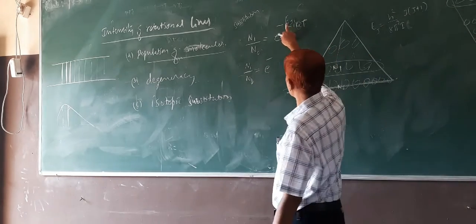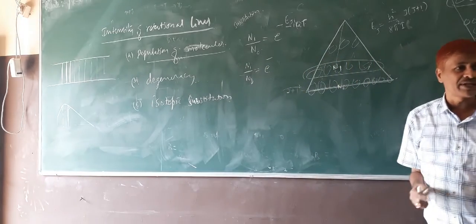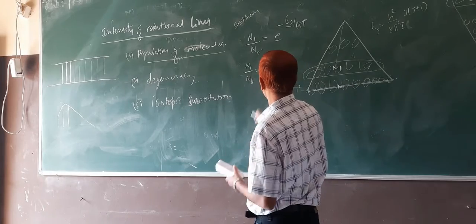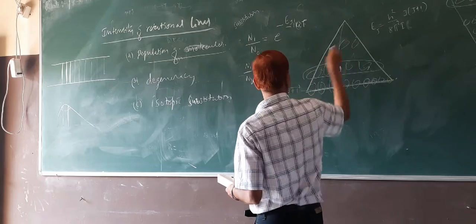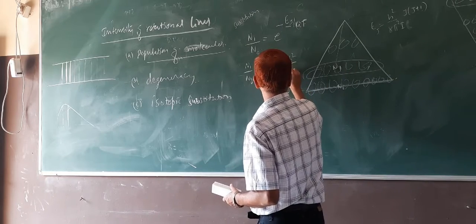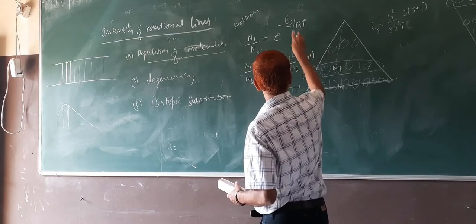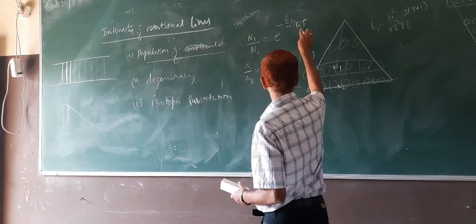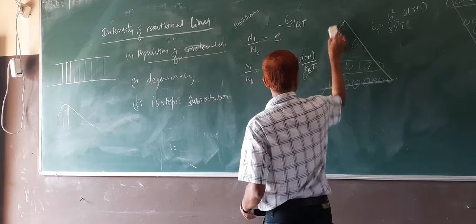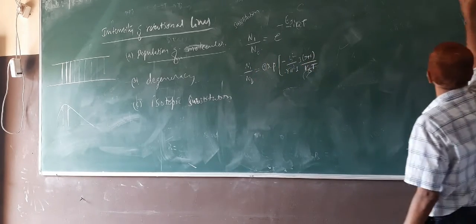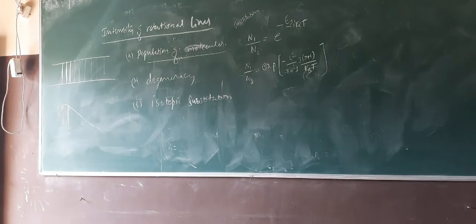So we write e to the power of minus, exponential minus h square divided by 8 pi square I, j into j plus 1, divided by kBT.